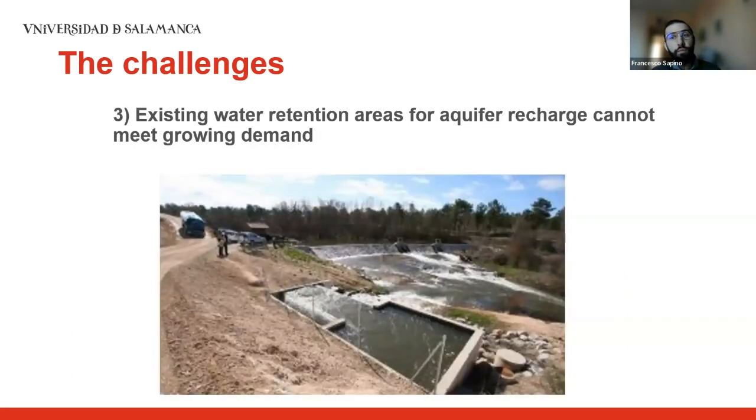Because this place was already relying on groundwater, there are some retention areas to improve the quantity of water that is going to groundwater. So there are areas in which we are recharging the deep aquifer, but because of the increase in water use, these are not enough to meet the actual demand.